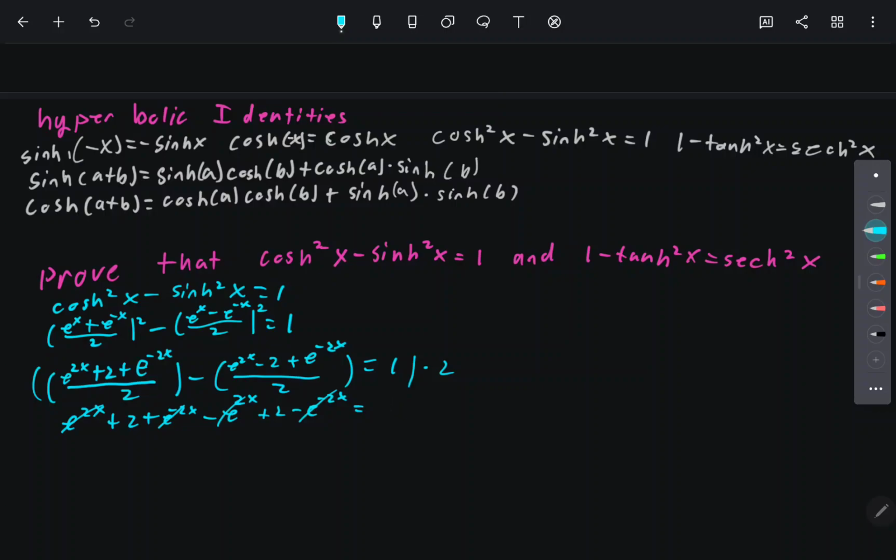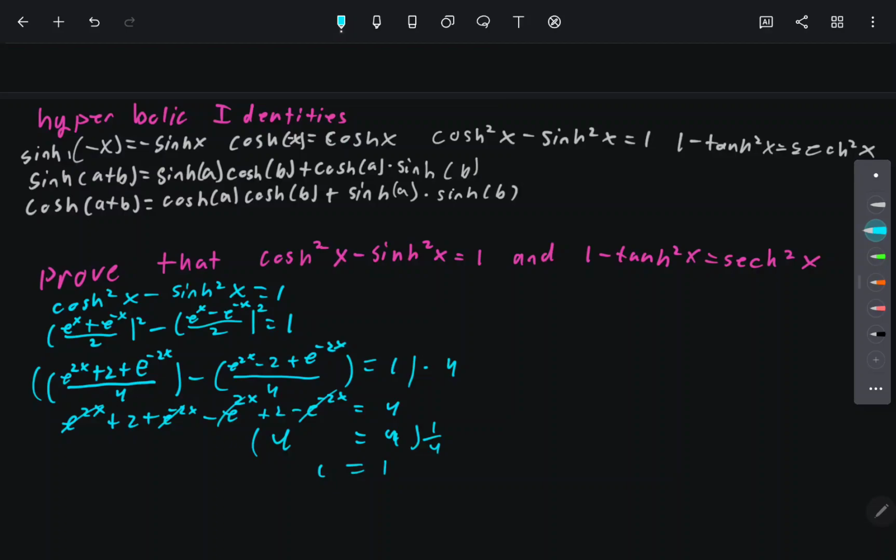I forgot to actually apply the square to the denominator here, so it's over 4. So we're multiplying through by 4, rather. And what we see is we get 4 is equal to 4, and thus the left side is always equal to the right side. So we have proven that cosh squared of x minus sinh squared of x is equal to 1. And if we really want to prove that, we can divide both sides by 4, and we get 1 is equal to 1, since I originally multiplied by 4.